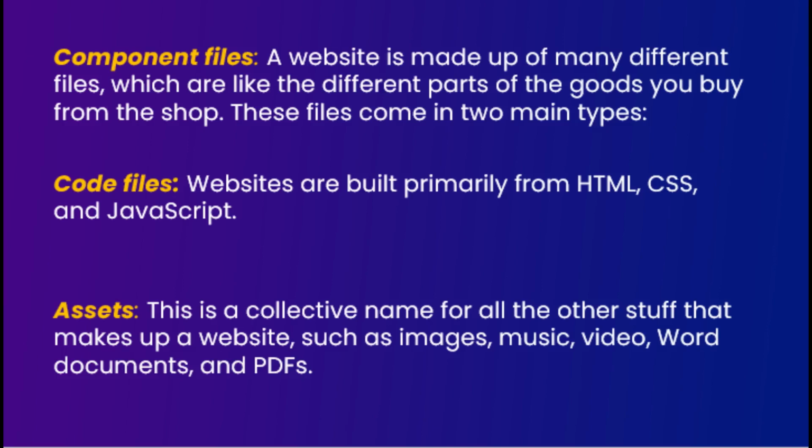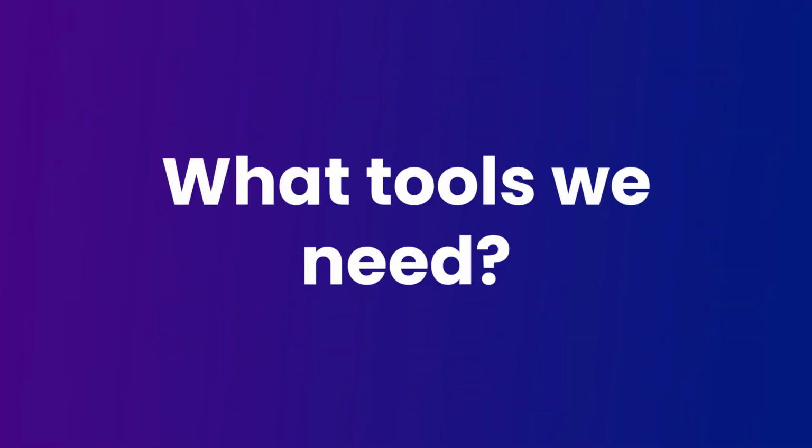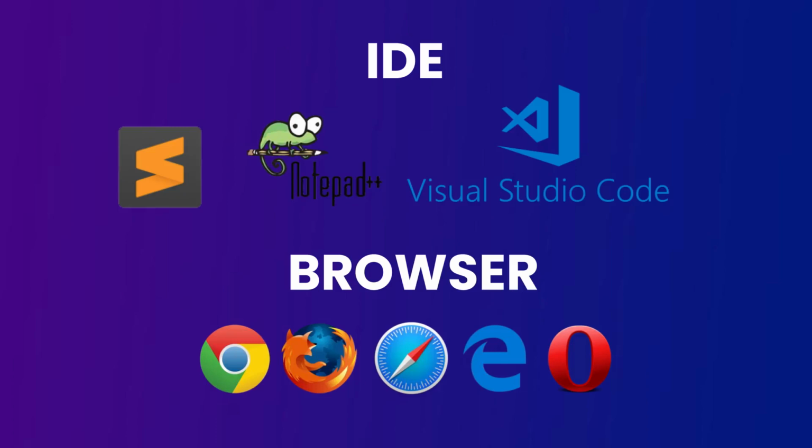So let's proceed. What tools do we need? What we need for our development, and what is very important, is the IDE. It can be Sublime, Notepad++, or Visual Studio Code, and the browser.